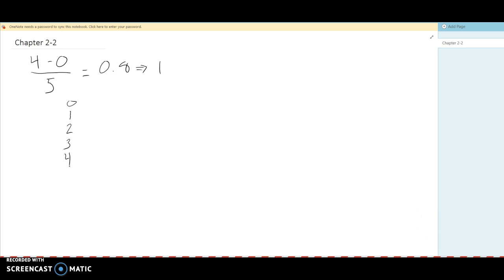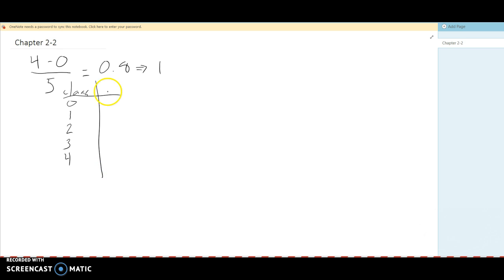But since there's only a total of 5 different types of data here, 0s, 1s, 2s, 3s, and 4s, it might be better just to leave it like this, 0, 1, 2, 3, or 4, because all the data has to lie on one of those numbers. So we're just going to leave it as 0, 1, 2, 3, and 4 for our classes.